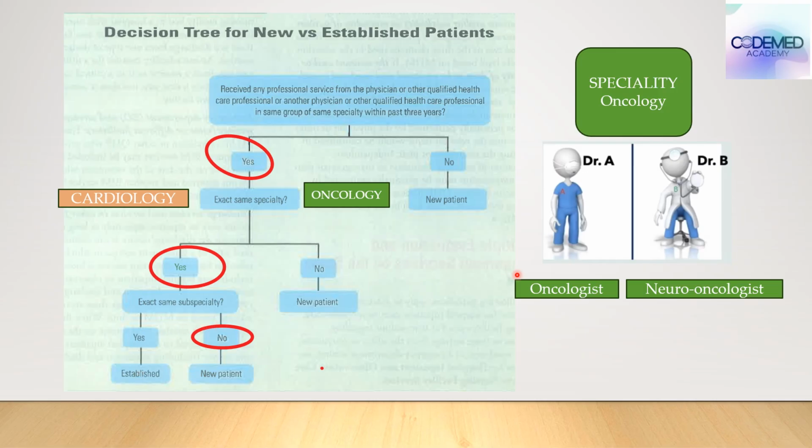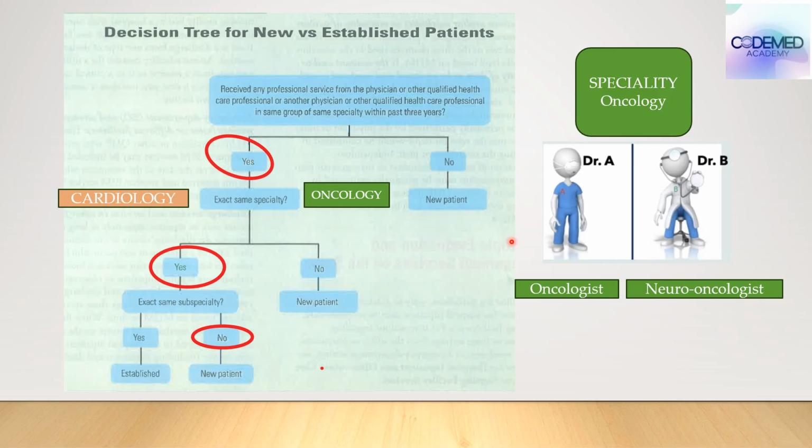No. So let's assume a case of a patient who has cancer, and last year he had a bone cancer for which he had gone to Dr. A. But this year, because the cancer has spread everywhere, it has reached his nervous tissue, for which he has to go to Dr. B, because Dr. A only treats cancer in general.